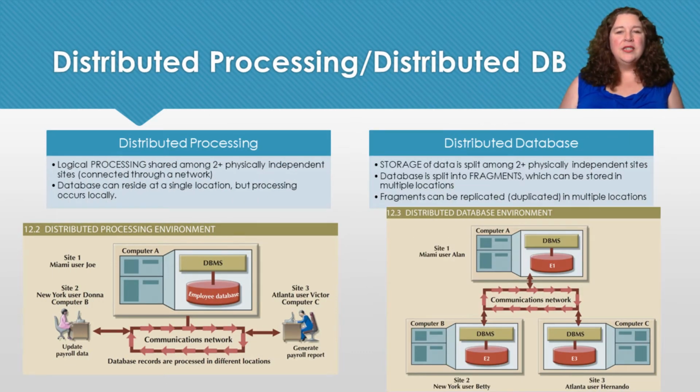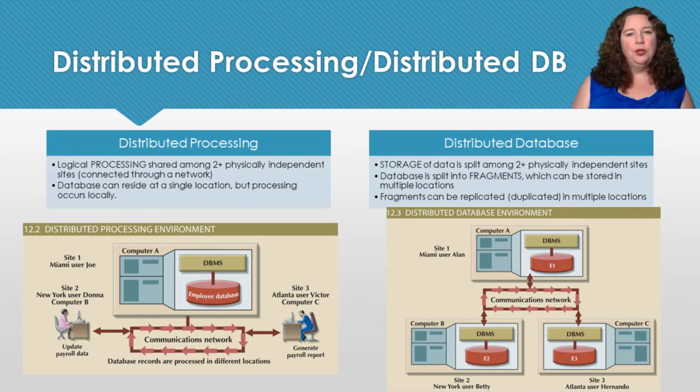So with a distributed database, we have 2 different things that we need to keep track of. The first is the distributed processing, and the second is the distributed database, and we can do both. So distributed processing generally refers to a singular database in a singular location that allows multiple workstations to access it.